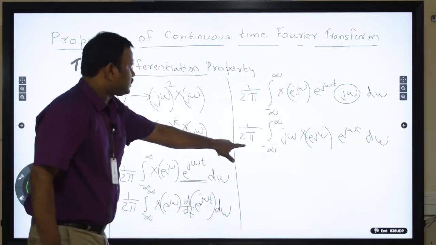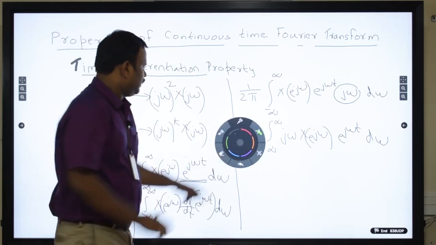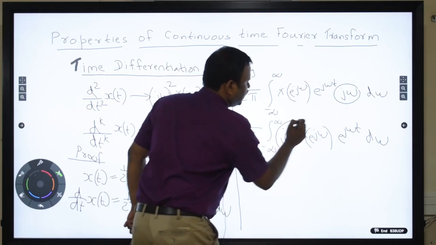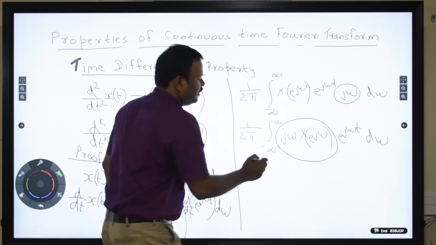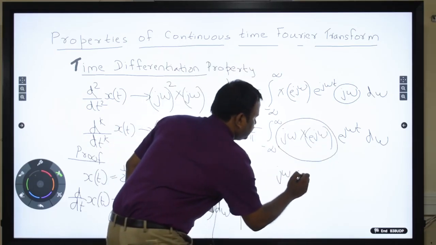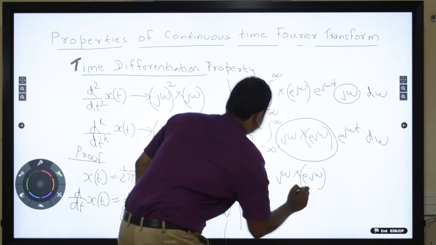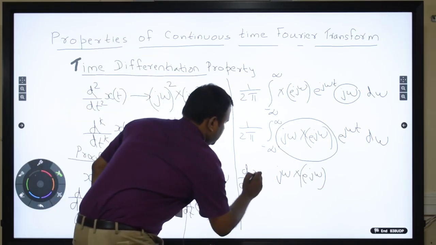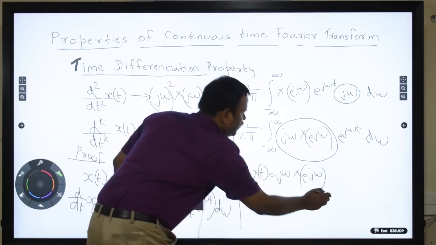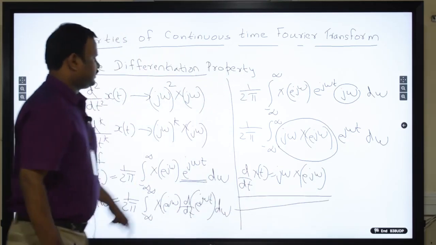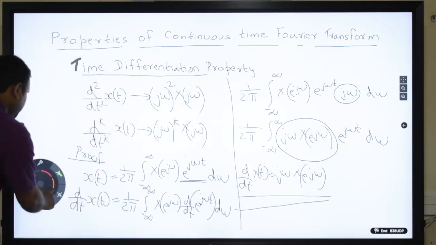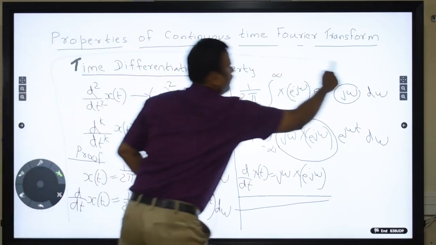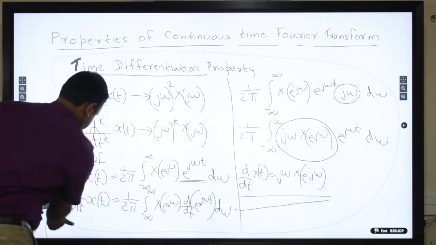Now, if you compare this with the previous first equation, this is nothing but the inverse Fourier transform of the frequency domain signal j omega X of e power j omega. So, d by dt of x of t is j omega X of e power j omega. So, that completes the time differentiation proof.